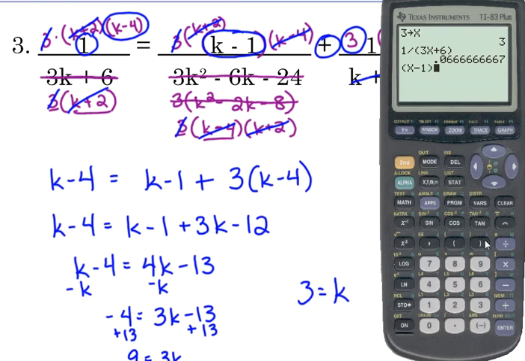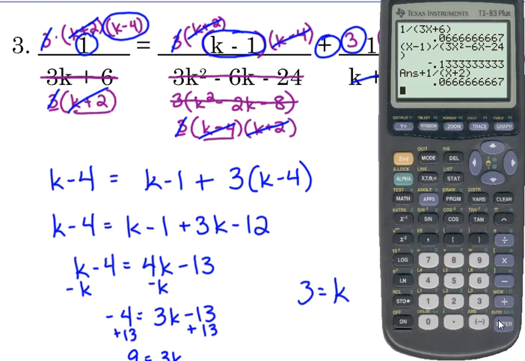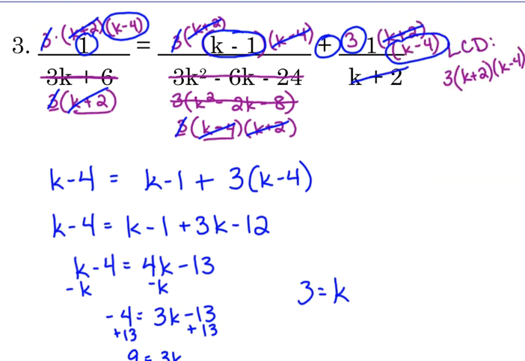I finally don't have just a single term in the numerator, so I've got to put parentheses around the numerator and the denominator. Whoops, I didn't finish that out. 1 over x plus 2. Okay, there we go. That matches up. I didn't finish my right side before I pressed enter. So 3 checks out. It's good. It's our answer.